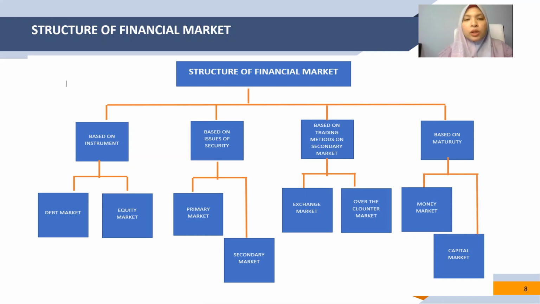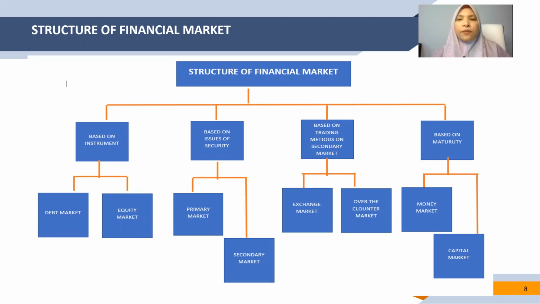After they float their share in the primary market, the share will then be transacted in the secondary market, where the first issuers need liquidity. They need to sell their shares. So the share which floats in the primary market now turns to the secondary market. The secondary market is a very vast and wide market where all the investors will be.